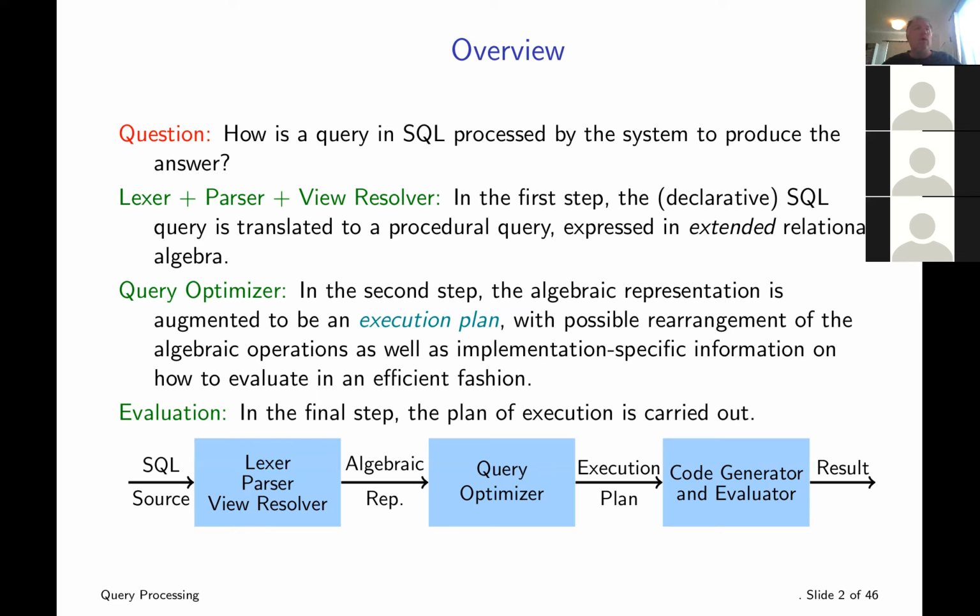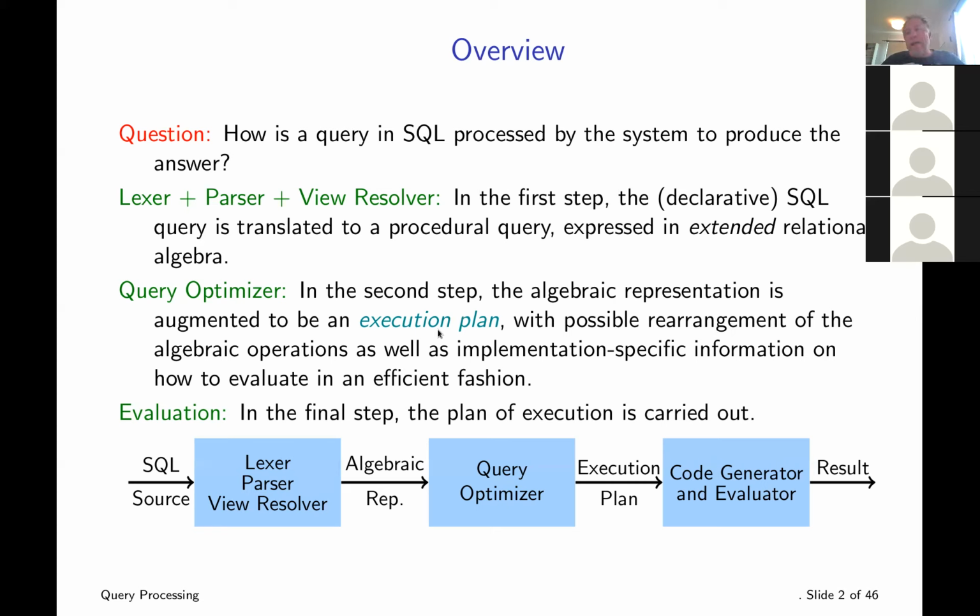All right. So that is the query. You can't execute it quite yet, but it's the extended relational algebra breakdown of what the query is asking. So that's the input into the query optimizer. And that's what we're going to focus on today, this query optimizer.